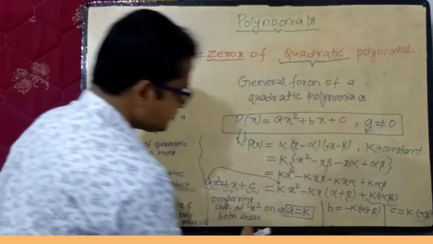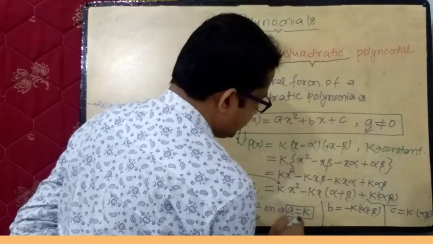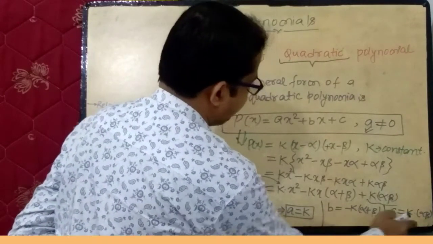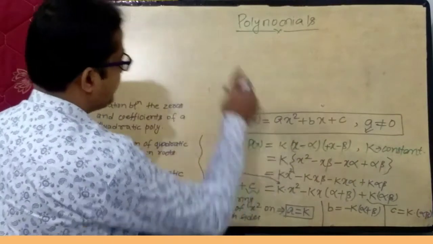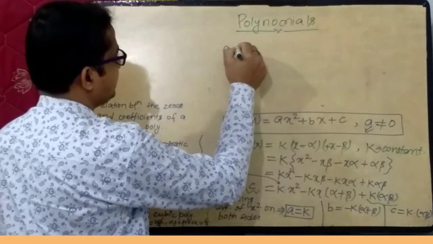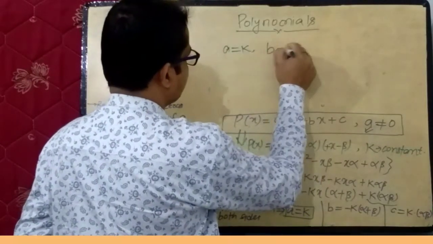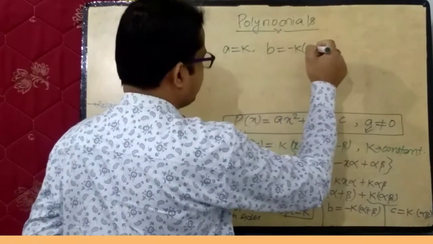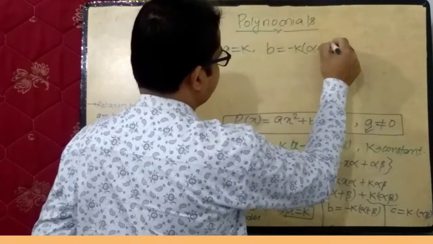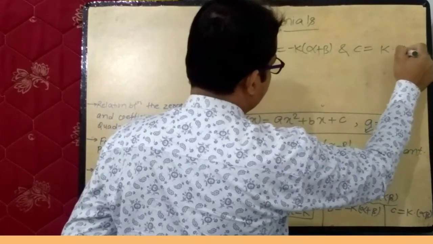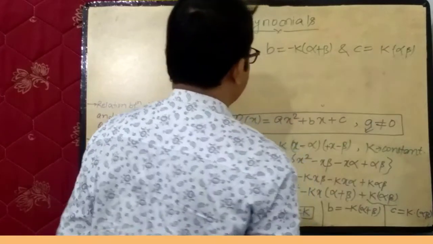Now obtain the relation between a, b, c as well as alpha and beta. I am rewriting this here. a equals k, second is b equals minus k bracket alpha plus beta, and c equals k into alpha beta.